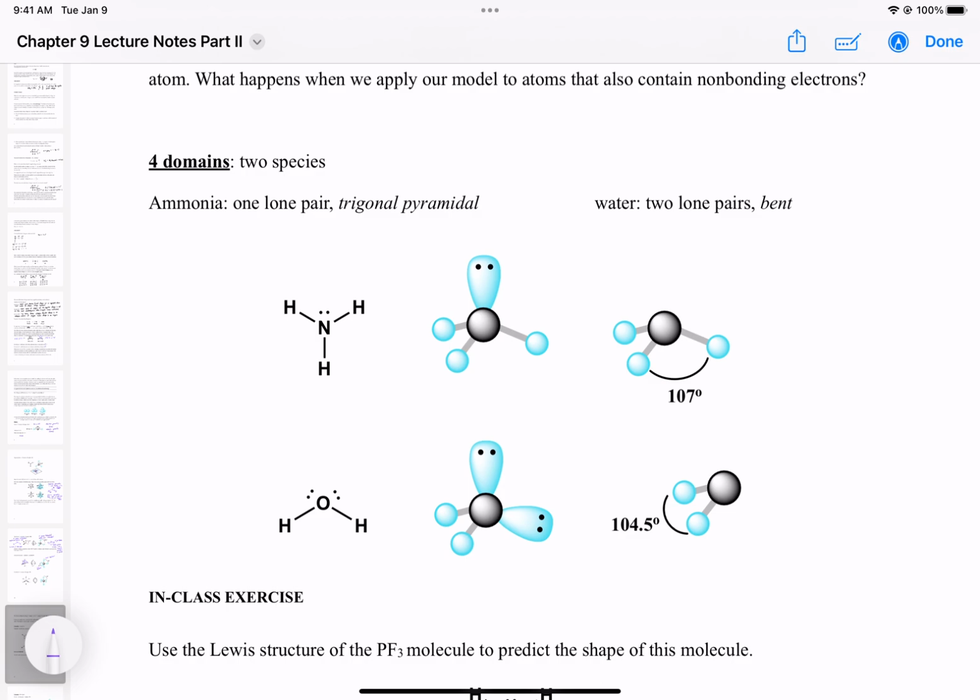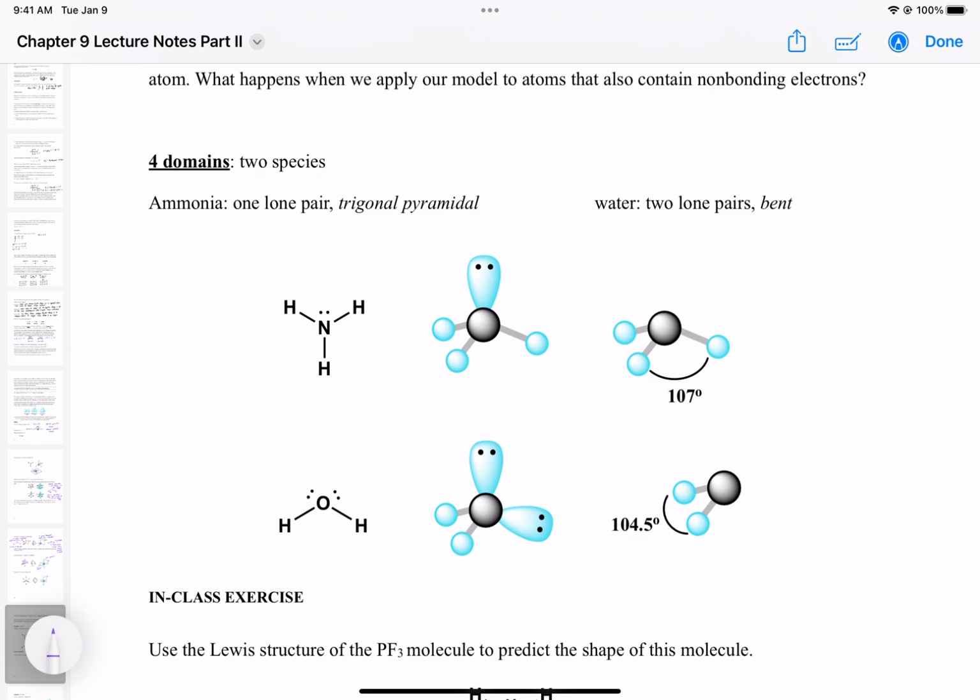So a lone pair will always occupy more space than an electron in a chemical bond. And we see here in ammonia, the lone pair will decrease the typical bond angle for tetrahedral, 109.5, to 107, and then for water even further to 104.5 degrees. Okay?